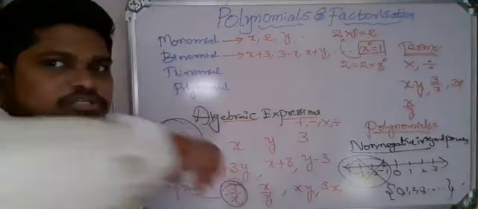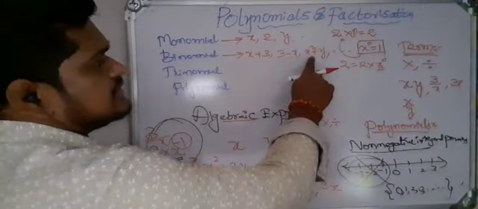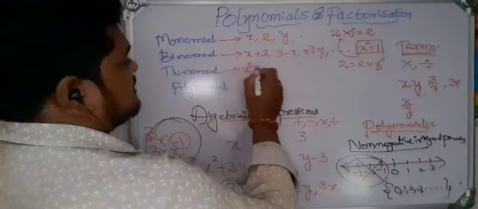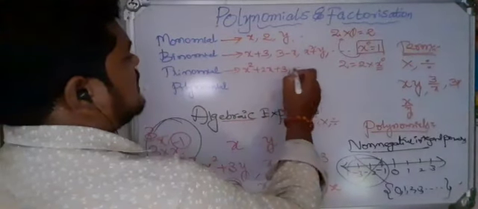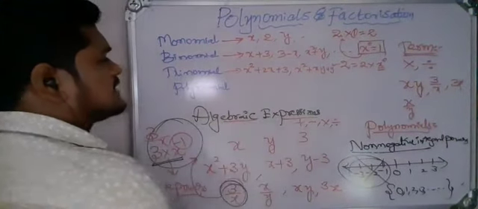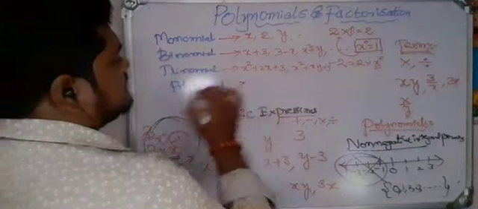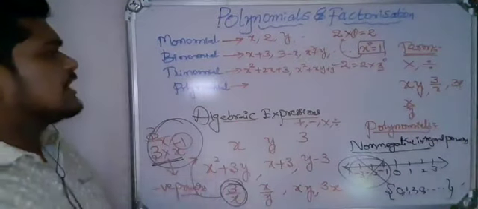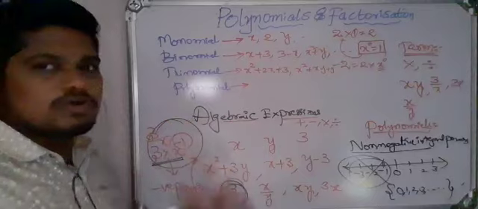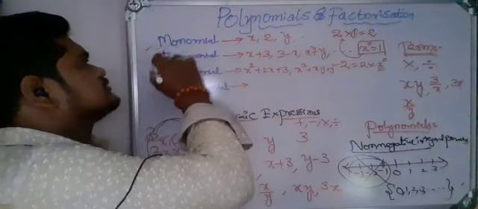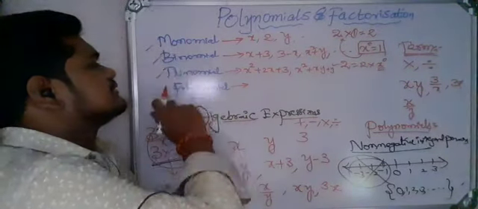Next, a binomial can also be x square plus y; here y is a positive value. Next, a trinomial means we take x square plus 2x plus 3, or x square plus xy plus y square. Like that we can take examples. Next, coming to polynomials, many people are confused here. Polynomial does not mean only 4 terms, thinking that it is 1 term, 2 terms, 3 terms, so it will be 4 terms.